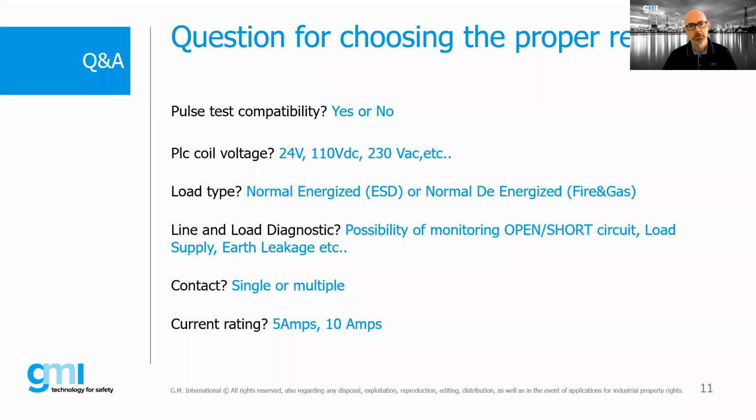In fact, it would be very harmful to choose a relay that performs a safety function different from the one required by the application we have to create. Suppose, for example, we choose a relay suitable for normally energized loads to drive a fire and gas system.